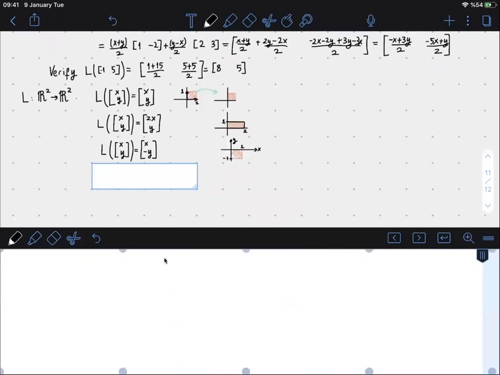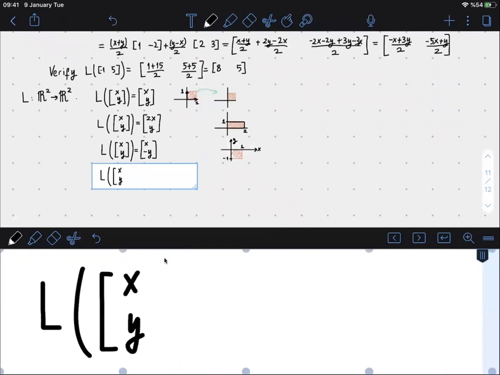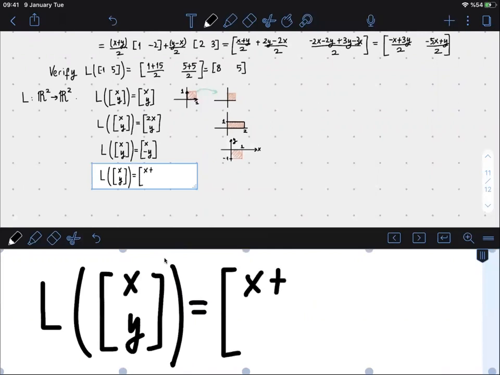And if I take something a little bit more complicated, let's take x and y. What is this doing? Suppose that this is x plus y, and let's take it as y. What do you guys think this one will do? Let's look at it.